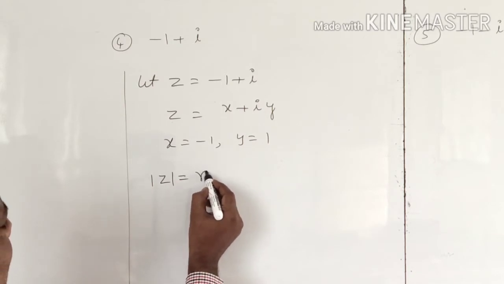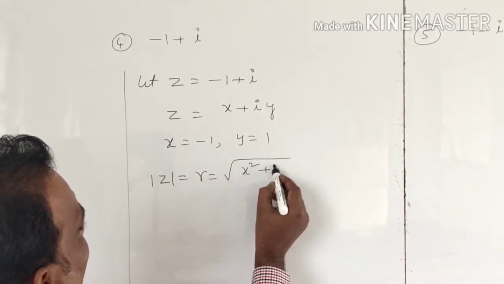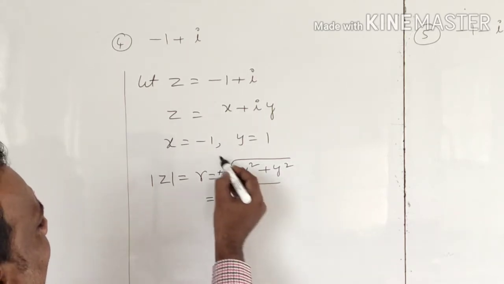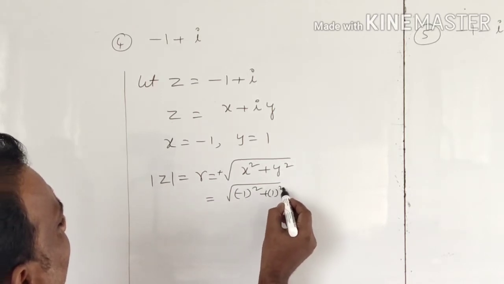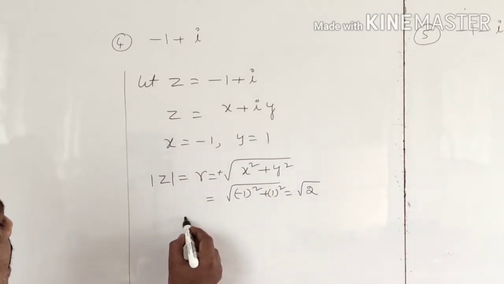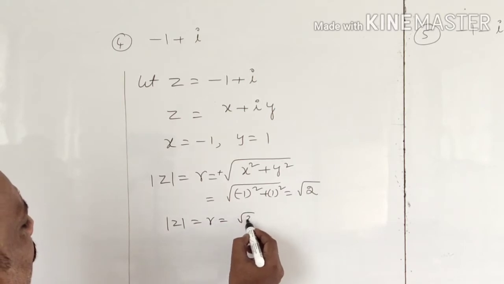Modulus of a complex number is denoted with r. Formula is root over x square plus y square, positive value. So under root x value minus 1 whole square plus 1 whole square, which is equal to root over 2. That is r, mod of z, which is equal to r is equal to root 2.